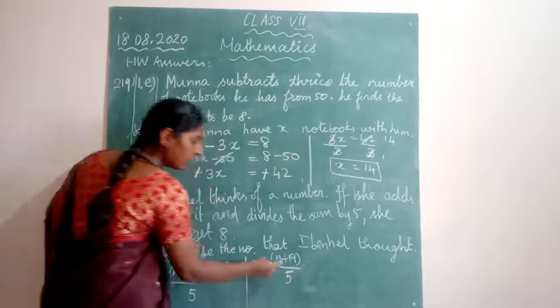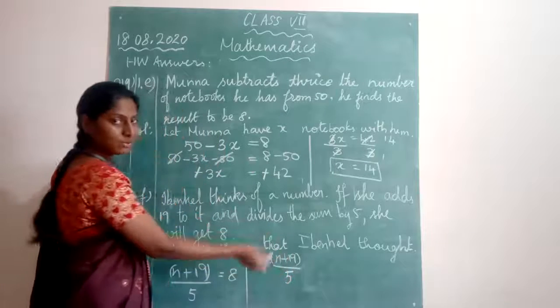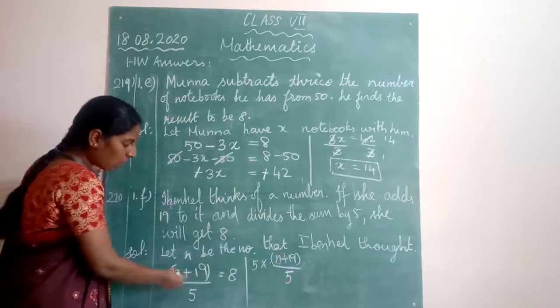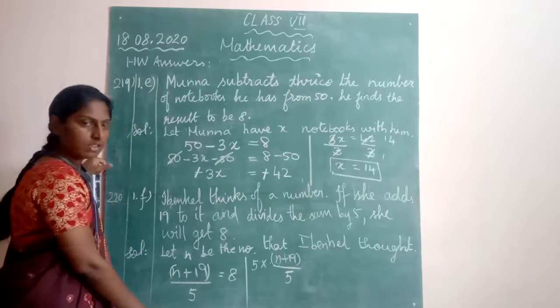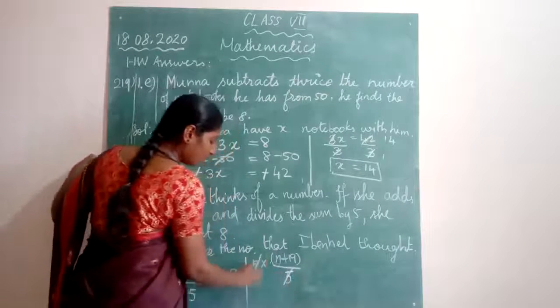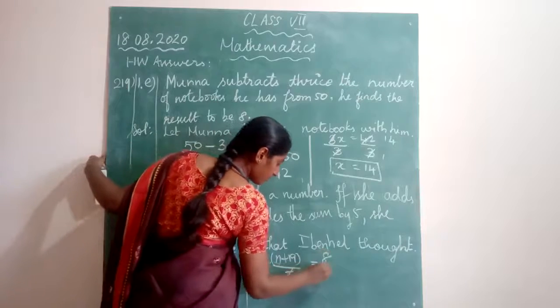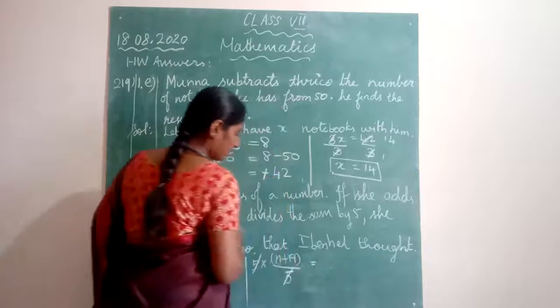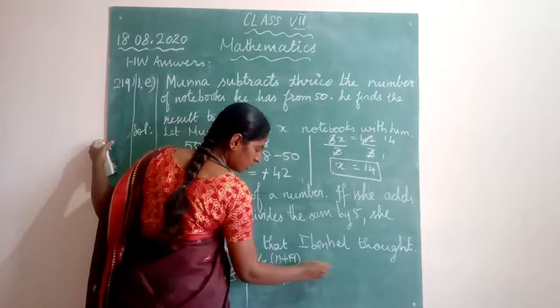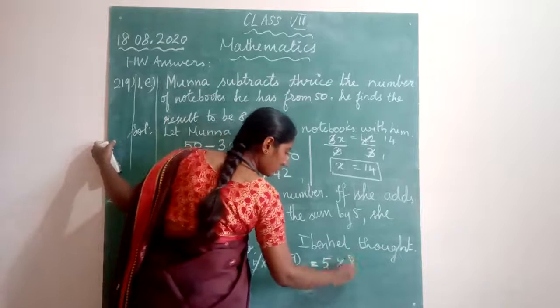We cannot transpose 19 in this step because the whole n plus 19 is a single term and it is fully divided by 5. Okay. So first we have to remove 5 only. Five into 8.